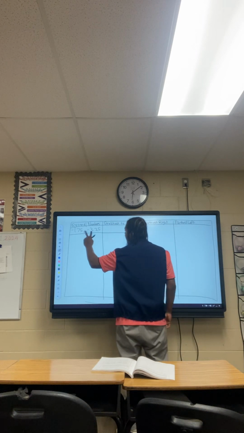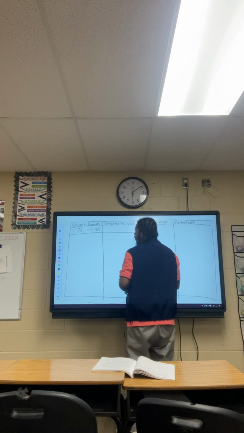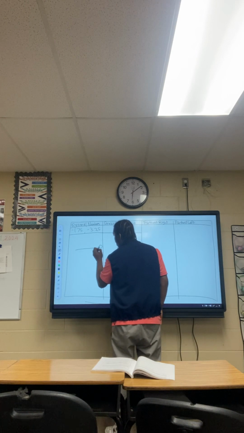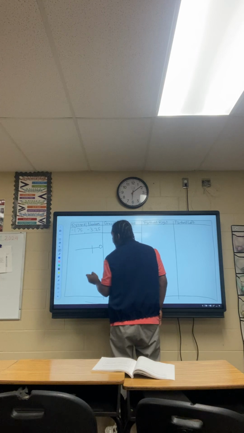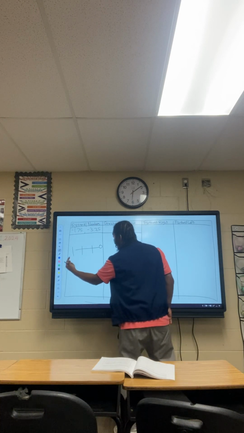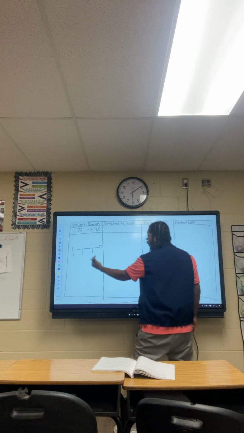So let's look at these numbers on the number line. I'm gonna draw this and then I'm gonna erase it. This is 0 on that number line. So you got negative 1, negative 2, and negative 3, okay? As you go this way towards 0, those numbers get bigger.